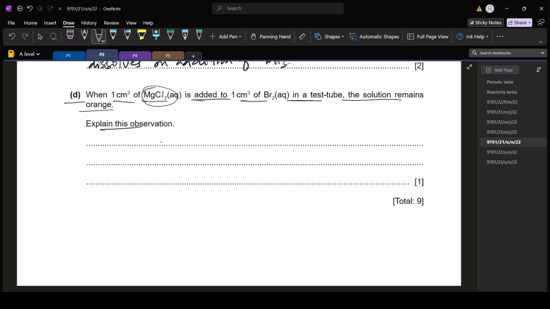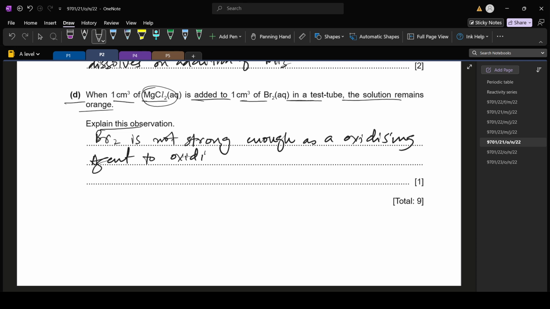So what will be the answer? Bromine is not strong enough, or too weak, as an oxidizing agent to oxidize chloride ions, or Cl minus ions.